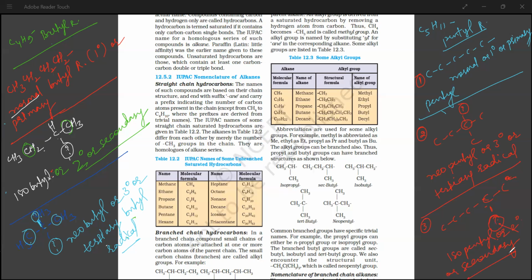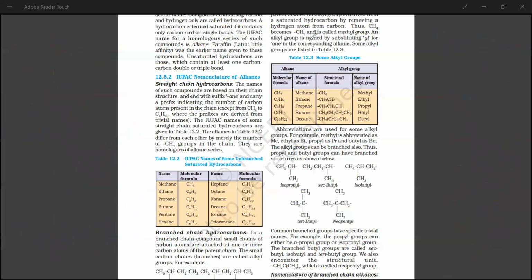Now I'll explain to you here primary, secondary, and tertiary carbon atoms. Now see, here this carbon atom is further attached with one carbon atom, and this carbon is also attached with one carbon atom. So these two carbon atoms are primary or 1 degree carbon atoms.